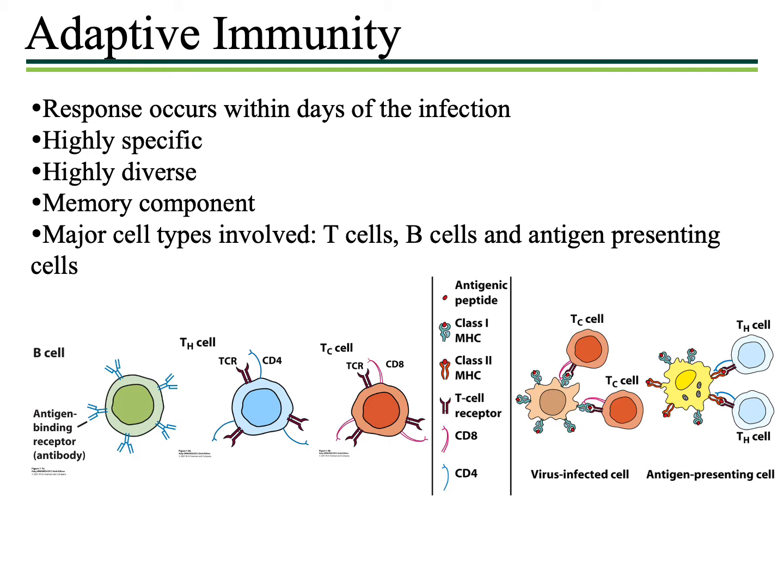It's a much faster response with the second exposure, as well as much larger in magnitude. We also discussed briefly that the major cell types involved in the adaptive immune response include B cells, T cells, and antigen-presenting cells. It's those antigen-presenting cells that interact with T cells that we are going to discuss in today's lecture and the following lecture.